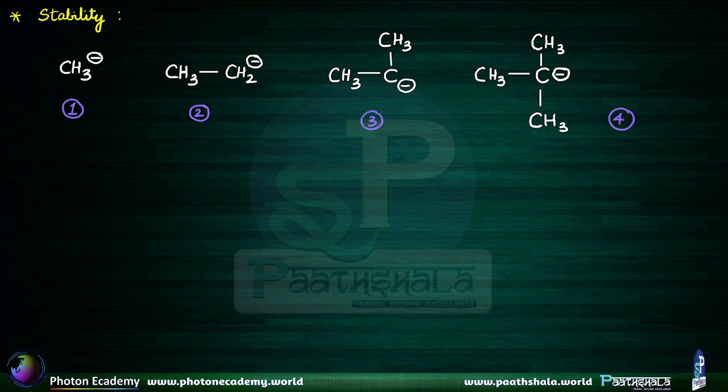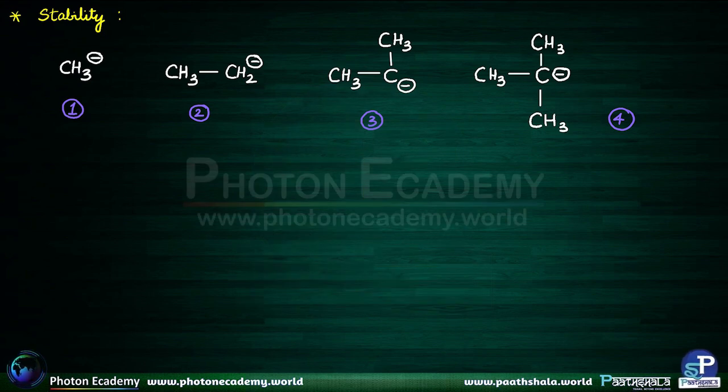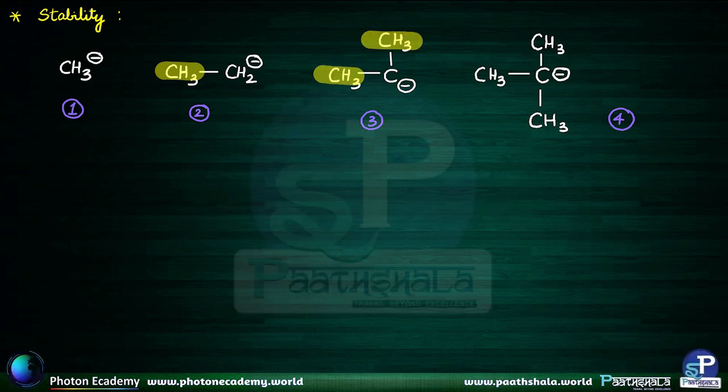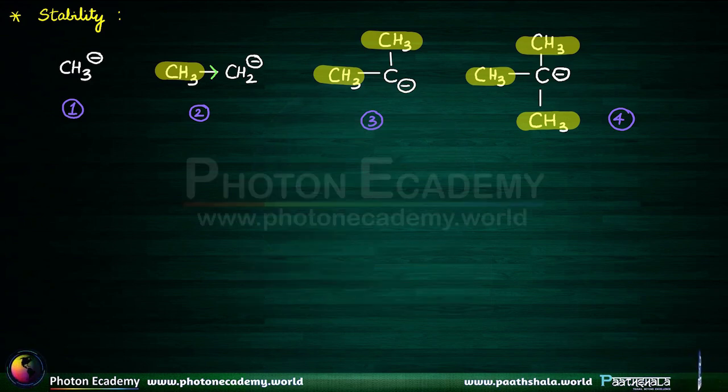Now, in the first one, we don't have any electron releasing group, so we leave it at that. Moving on to the second one, we have here a CH3, which is actually an electron releasing group. In the third one, we have two CH3 groups, and in the fourth one, we have three CH3 groups. Now, we have learned that CH3 is showing plus I effect, or it is releasing electrons.